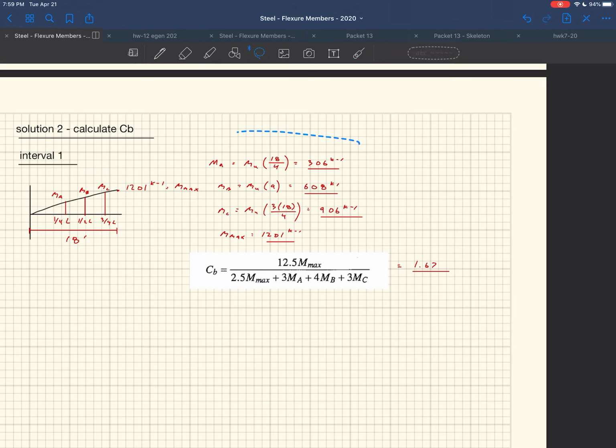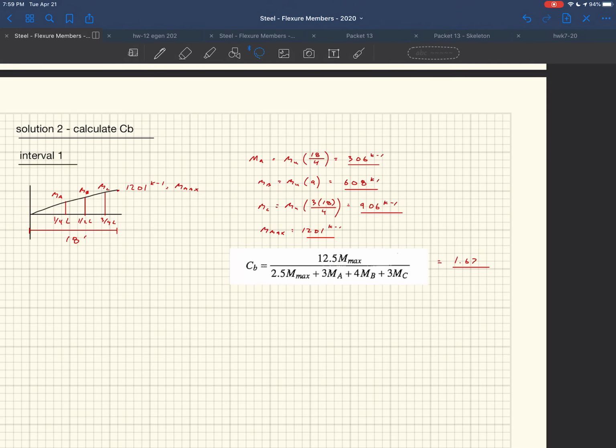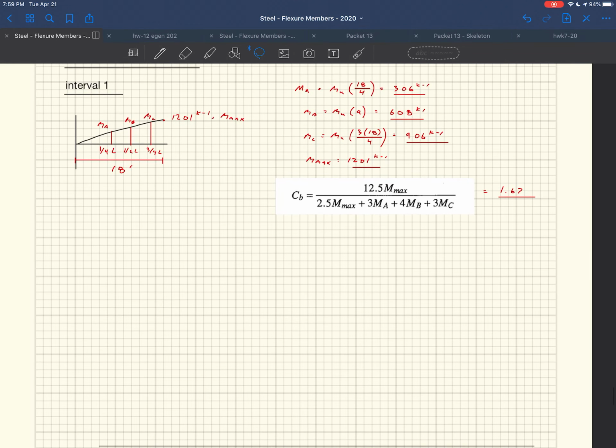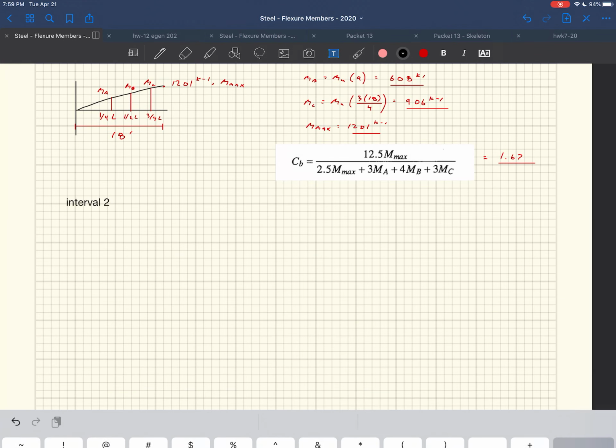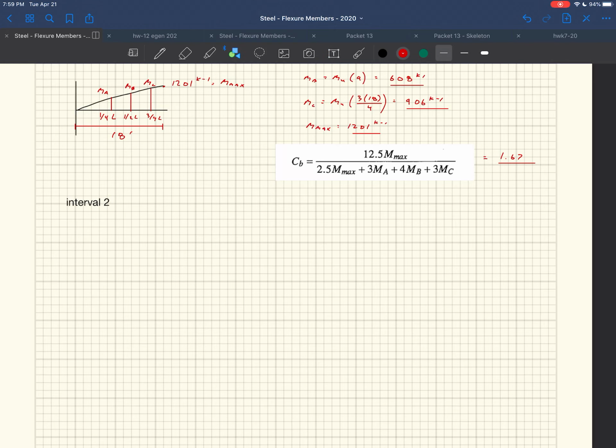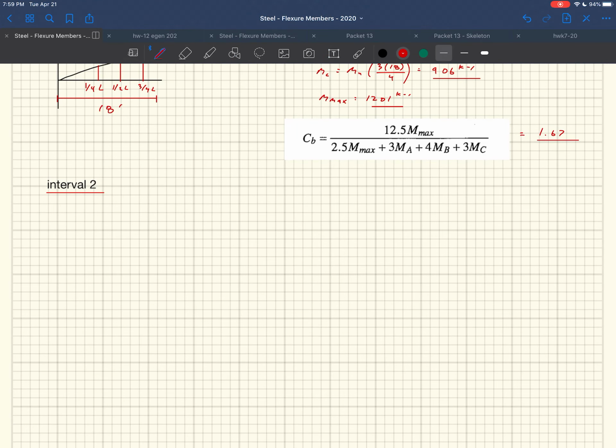We're going to see in this particular case the middle span's a little bit different. I'm going to bump that to the right. Okay, so there's how you calculate it. If you go to interval 2, we haven't designed for this yet, but I'm just going to calculate what the I values are first. Interval 2 is the middle component. It's the middle part of it, and it's going to look like this.